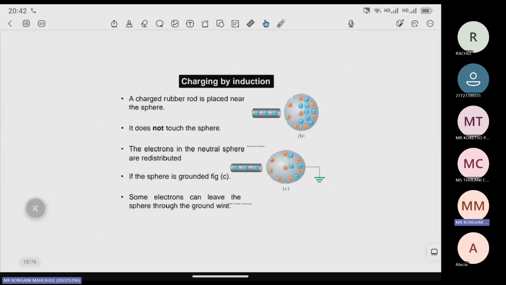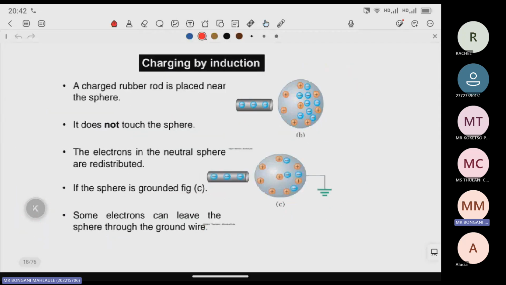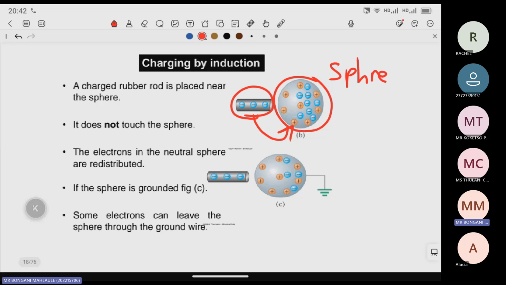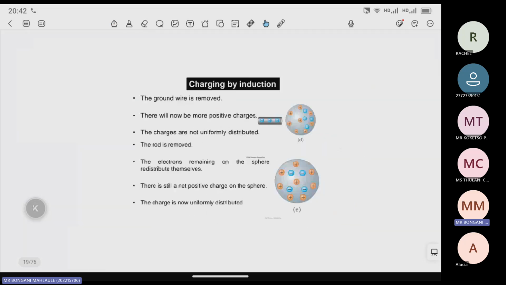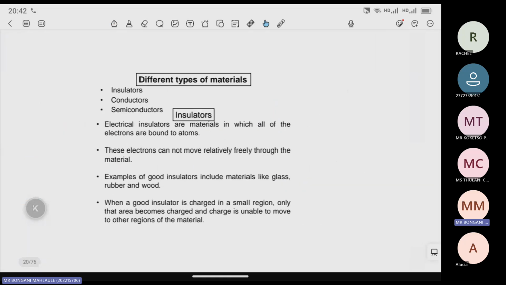On induction, there's an example: you have a rod and a sphere, and the electrons will be redistributed to the sphere. So you must just note them.